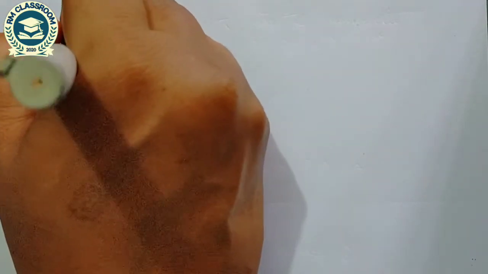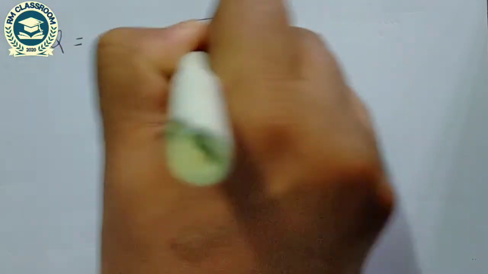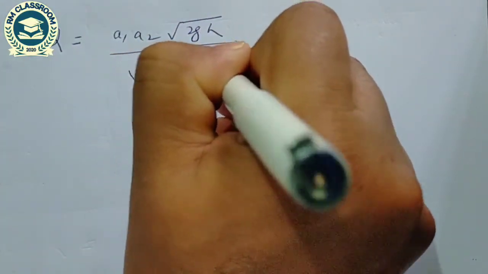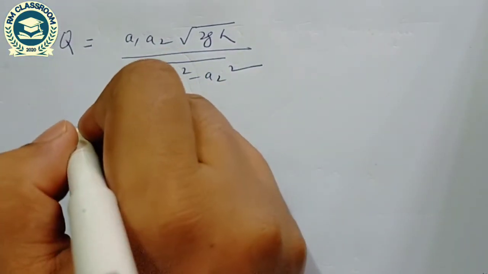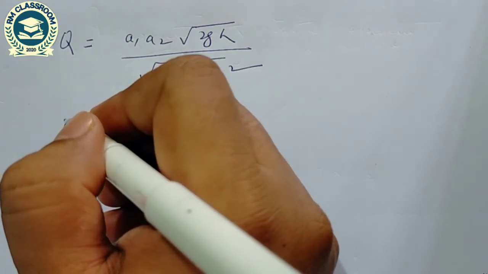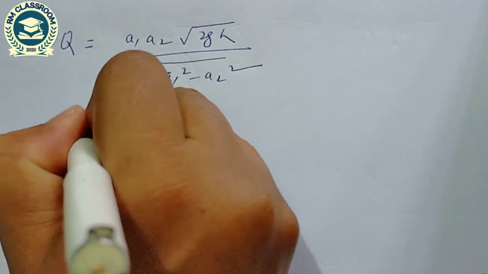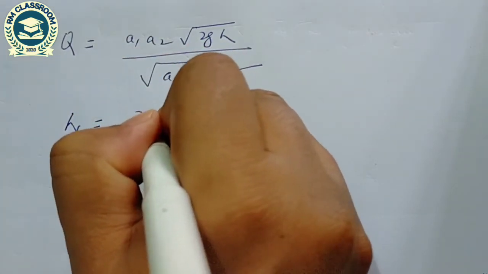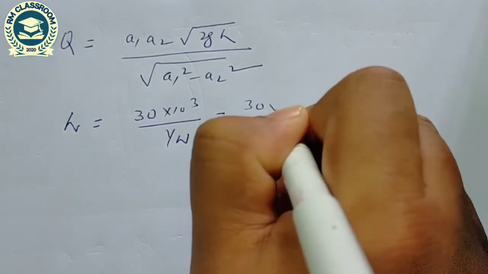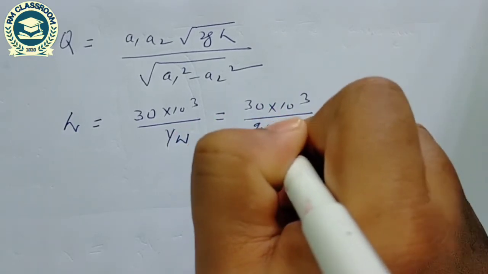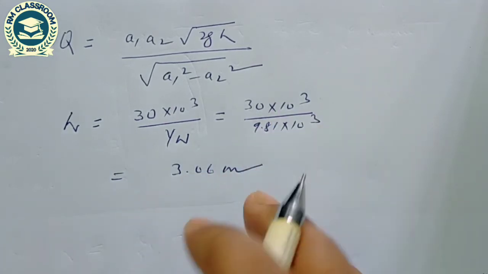We know that discharge in the venturimeter can be computed as A1 A2 root under 2gH divided by square root of A1 square minus A2 square, if I neglect losses. And the pressure head difference: H is equal to P by gamma, so 30 into 10 to the power 3 divided by 9.81 into 10 to the power 3. So it is coming 3.06 meter.